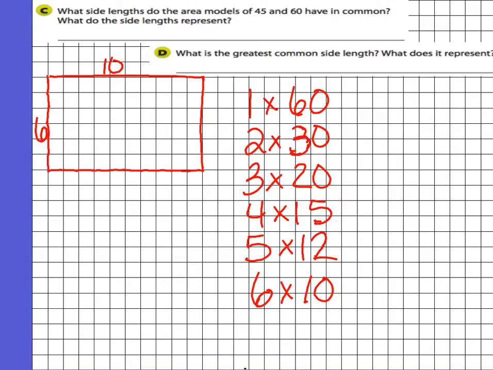So here are all the different dimensions that we made. Again, all of these are factors of 60.